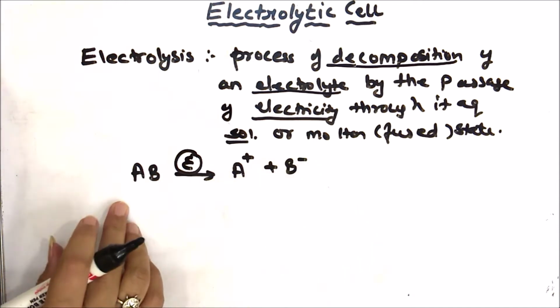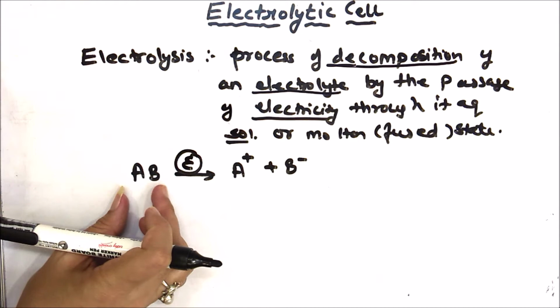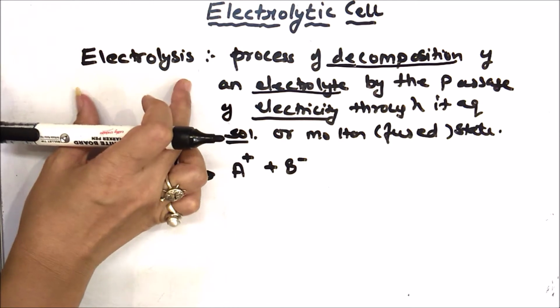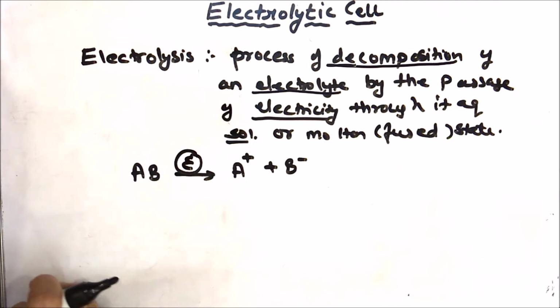So this process is called electrolysis, and the compound which undergoes electrolysis is called an electrolyte. So in the electrolytic process, the electrolyte undergoes decomposition, or breaks up into its respective ions on applying electricity through it, right? This is known as electrolysis, and the component is called the electrolyte.